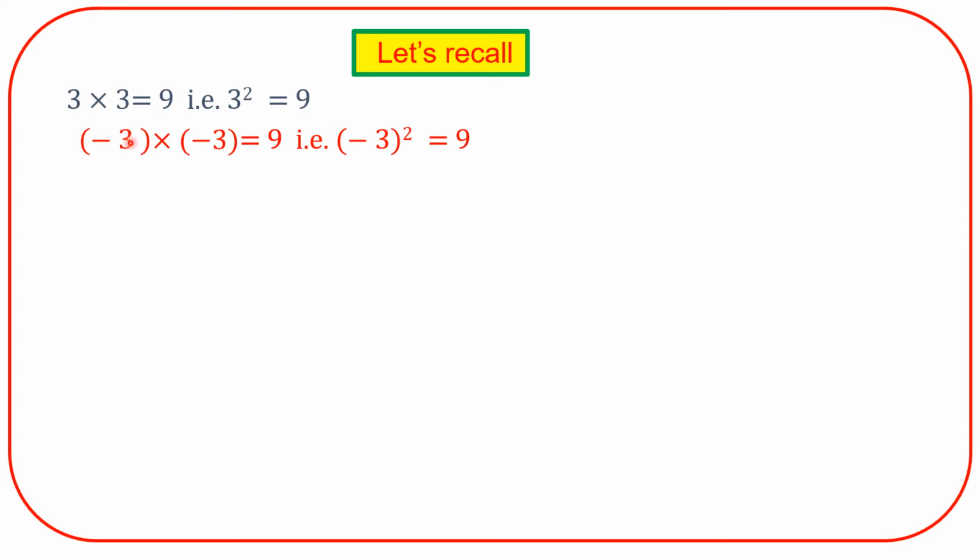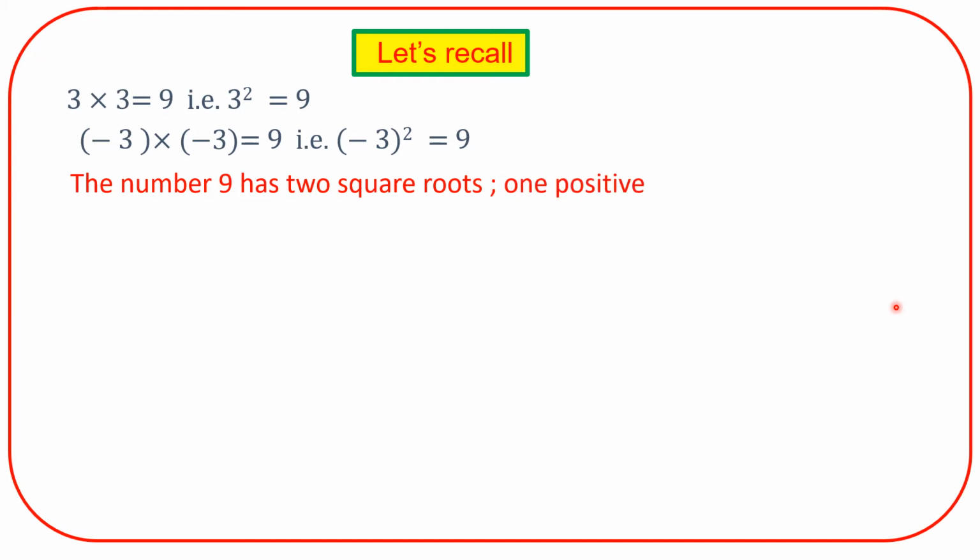Observe carefully. From these two statements, what is the conclusion? The number 9 has two square roots, one positive and the other negative.